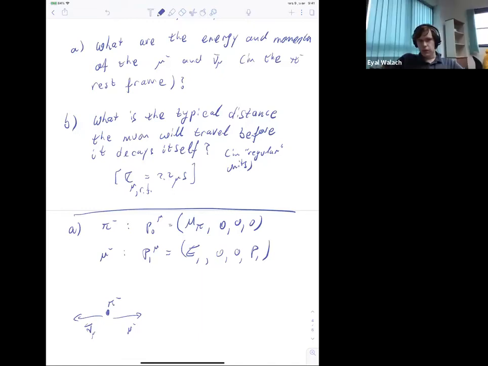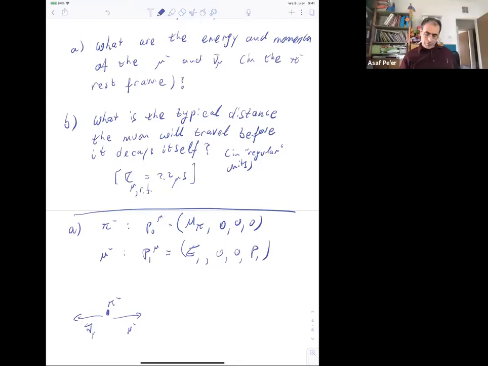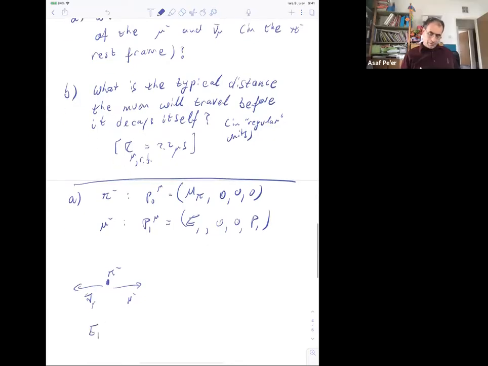E1 squared equals P1 squared plus muon mass squared. That's true. Very good. Is that clear to everybody? That follows from Einstein's relation. We learned that in special relativity in the beginning.